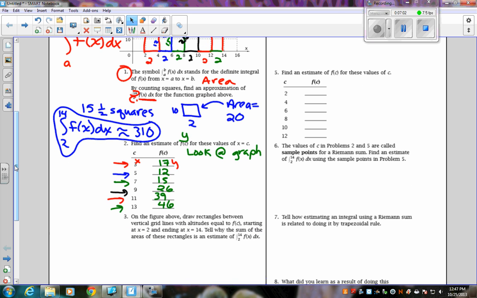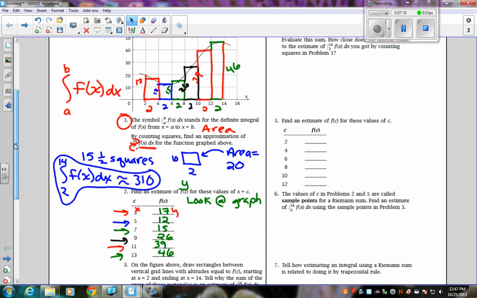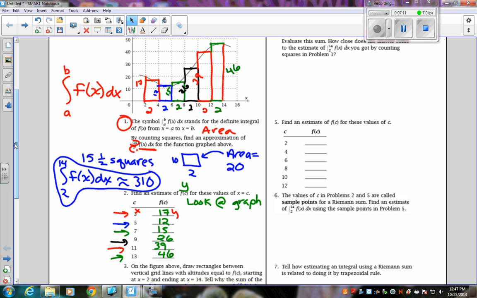Drawn in my rectangles, and now I need to tell why the sum of the areas of these rectangles is an estimate of the definite integral. So if I were to find the area of each of these rectangles and add them up, when I look at this first rectangle, I have some area that I'm not including that's under my curve, but my rectangle doesn't count that.